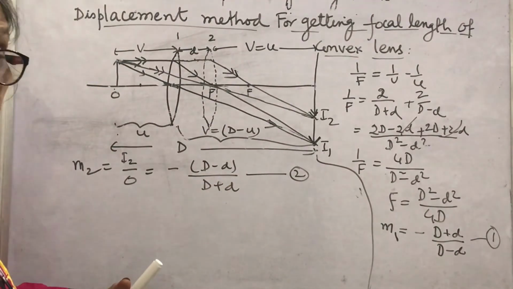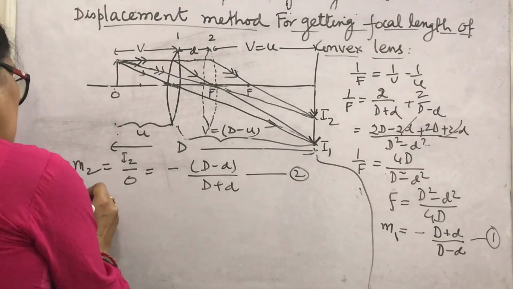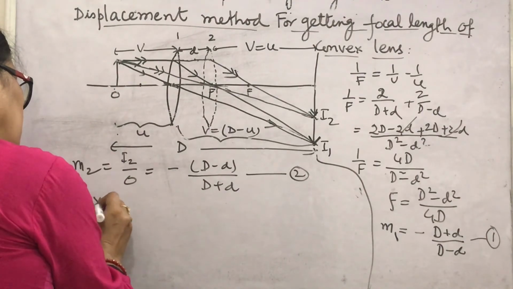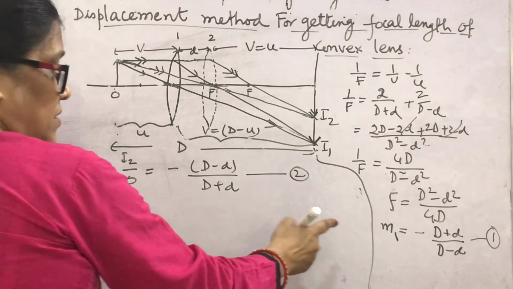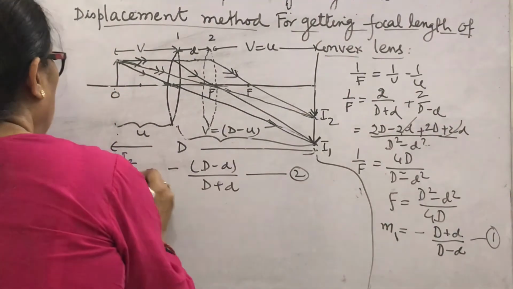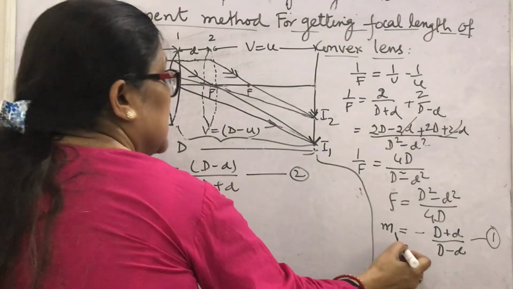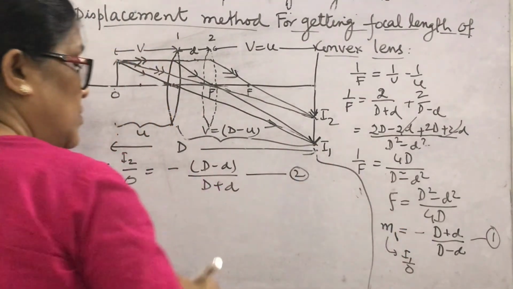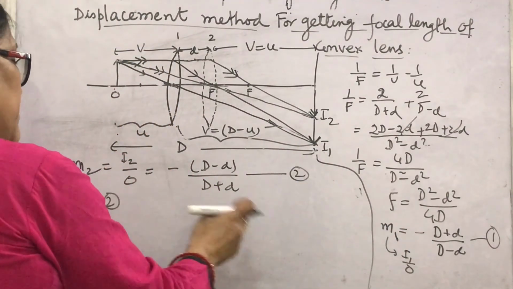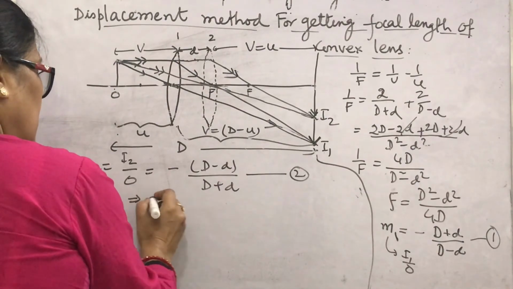You can note down here that equation number 1 into equation number 2, what will you get here? Look here, this is m2, I2 upon O. This is m1. What is m1? I1 upon O. m1 into m2, what will you get?